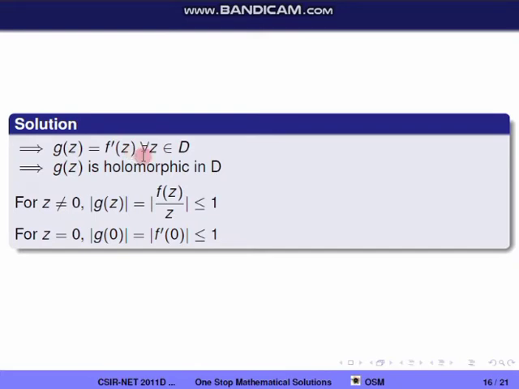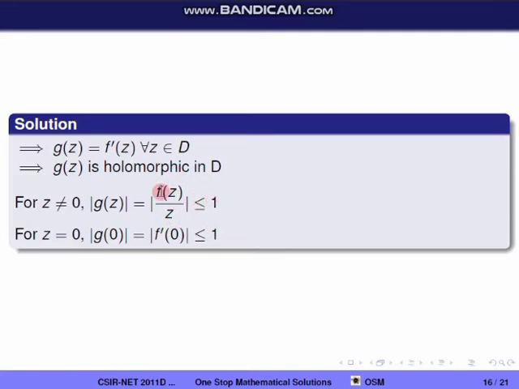We got that f is already given in the question as holomorphic. So f' is also holomorphic. So this implies g(z) is holomorphic in D. For z not equal to 0, |g(z)| = |f(z)|/|z|, and we have got that |f(z)| ≤ 1 and |z| < 1.